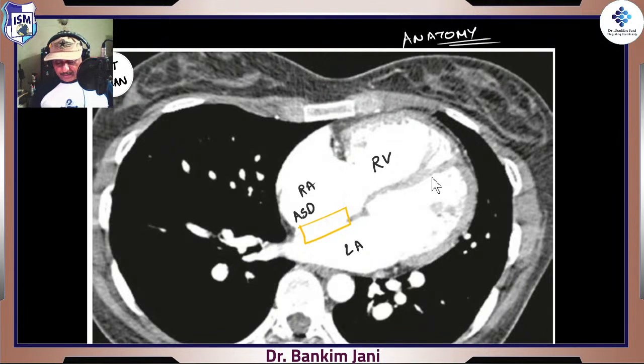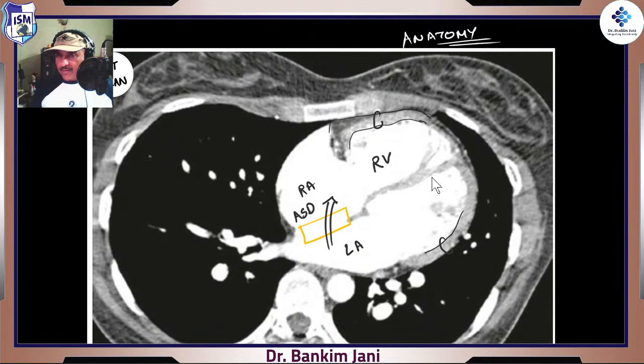But when it occurs like a left to right shunt, when the blood was going like this from the left side to the right side, see the thing which I am trying to emphasize. These are the muscles of the right ventricle, and these are the muscles of the left ventricle.